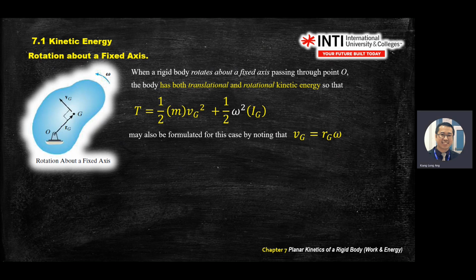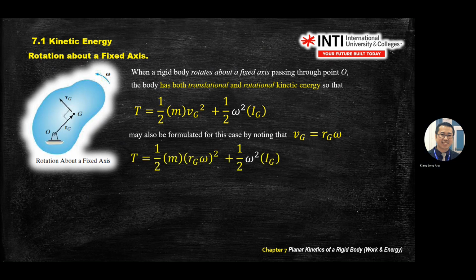So if the question asks you to find velocity or angular velocity, you want a shortcut, you use the energy equation or conservation of energy. Later, we will talk about conservation. It just gives you hints that when you look at the question, you can roughly know what equation you want to use already.